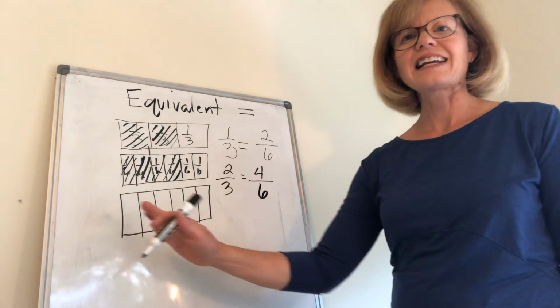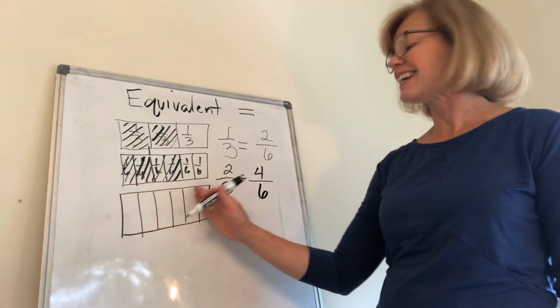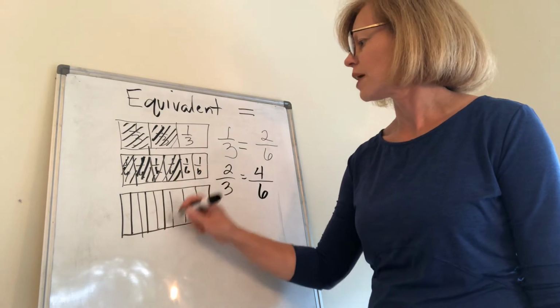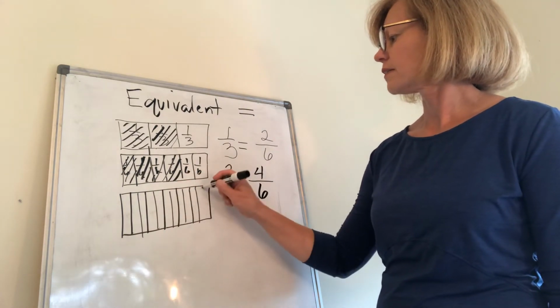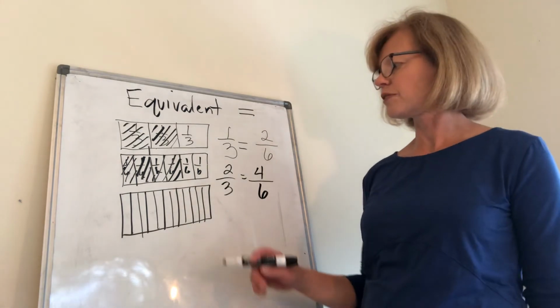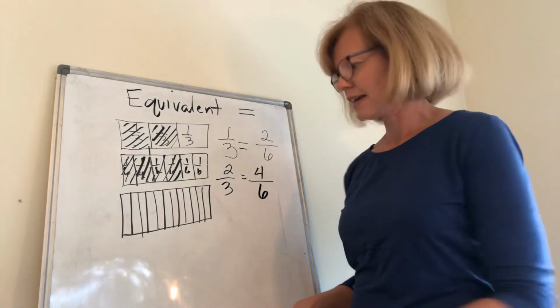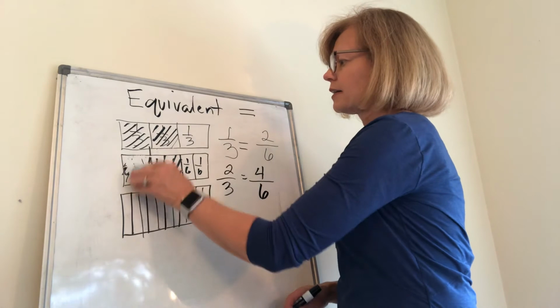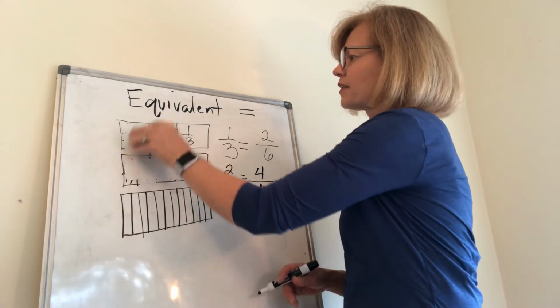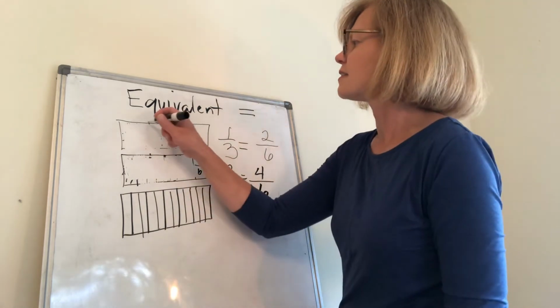And if I put one more line in each space here, I'm going to make 12ths. 6 times 2 is 12, so I'm just taking each space and dividing it into 12ths. So let's erase a few of these lines so it's easy to see.